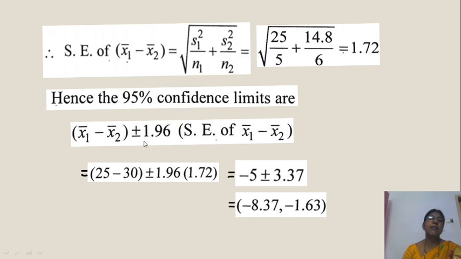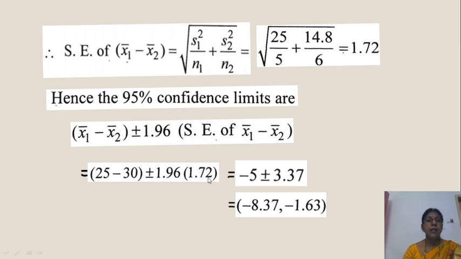So this is z alpha. Now the limits are x1 bar minus x2 bar plus or minus z alpha times SE of x1 bar minus x2 bar. x1 bar is 25, x2 bar is 30. Substitute the values: z alpha is 1.96, and SE of x1 bar minus x2 bar, already calculated, is 1.72.